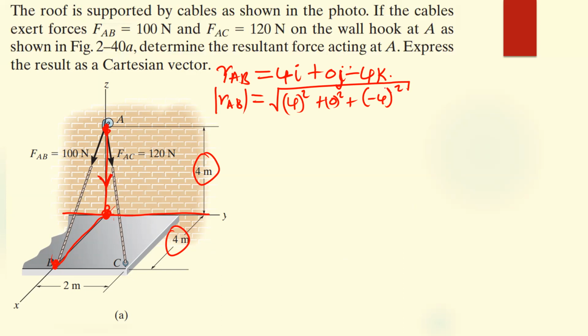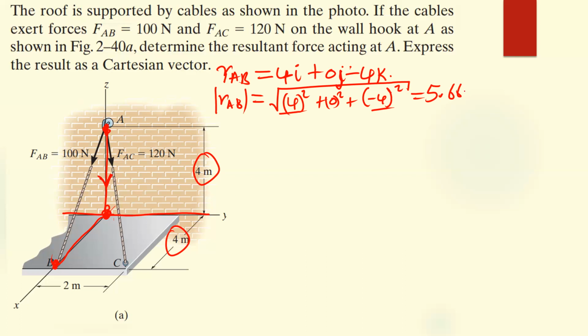After doing this, 16 plus 16 is 32. The square root of 32 gives us 5.66, and this is the magnitude.